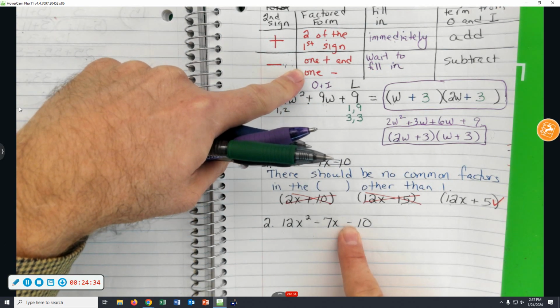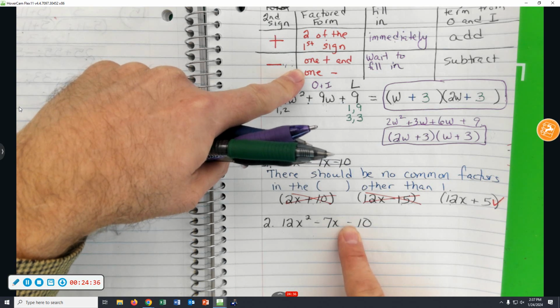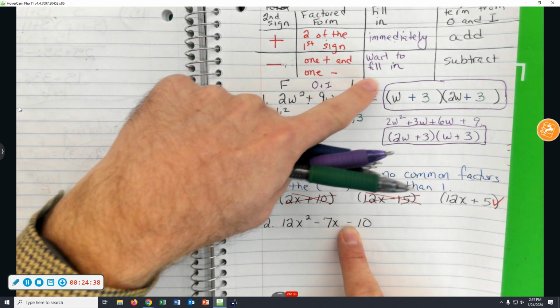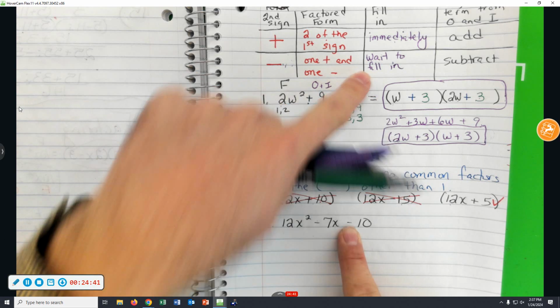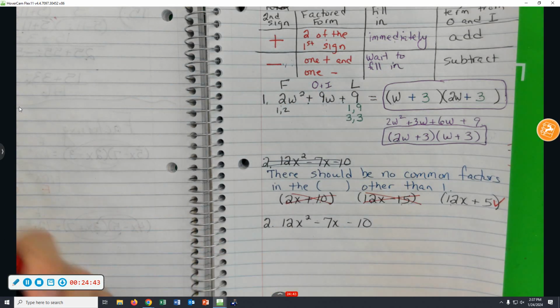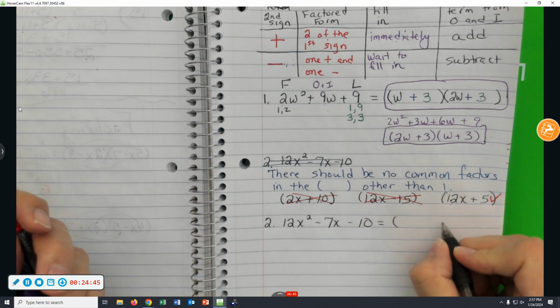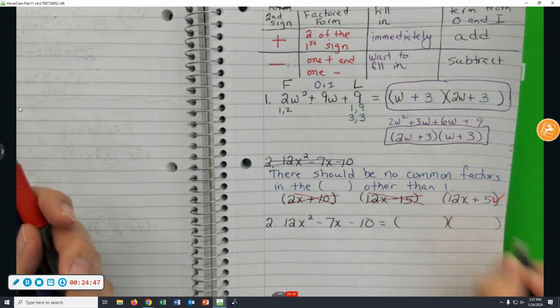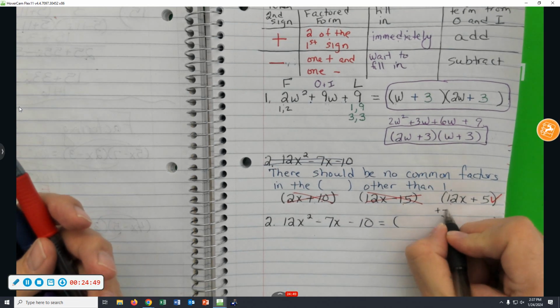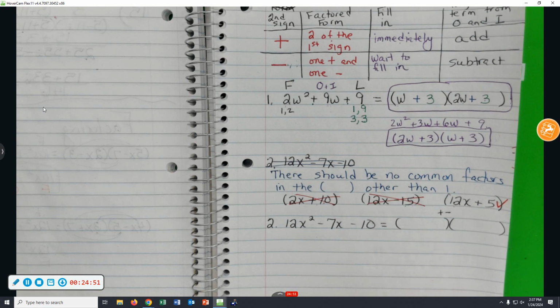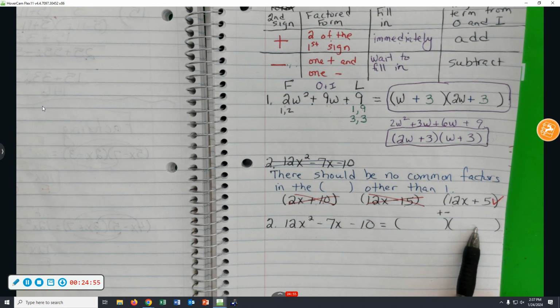I'm not sure whether the plus goes in the first set of parentheses or the second, so I'll wait to fill it in. So I'm going to draw my 2 sets of parentheses. And I'm going to make a note there's going to be a plus and a minus. But again, I don't know if the plus goes here or here. I'm going to wait.